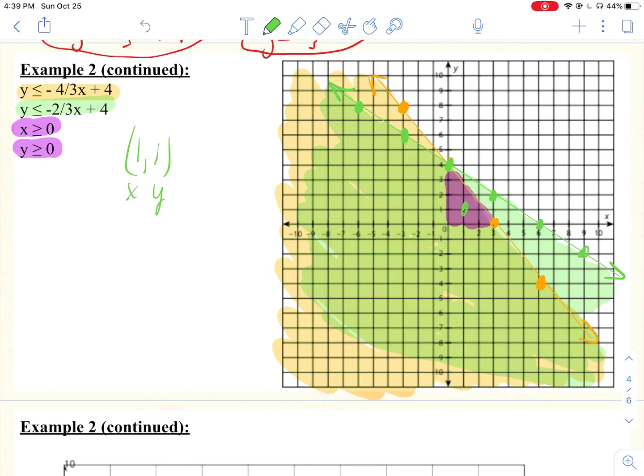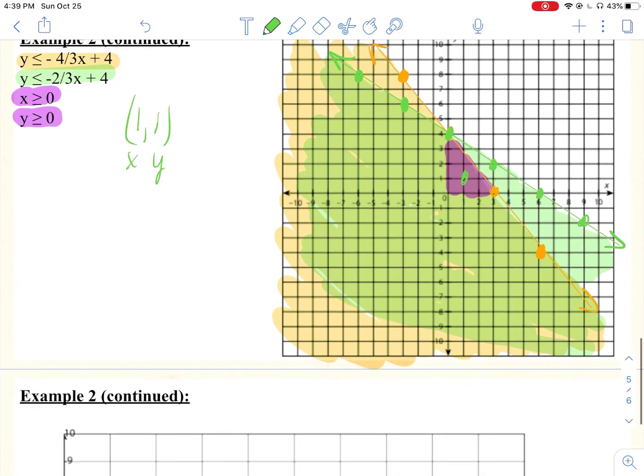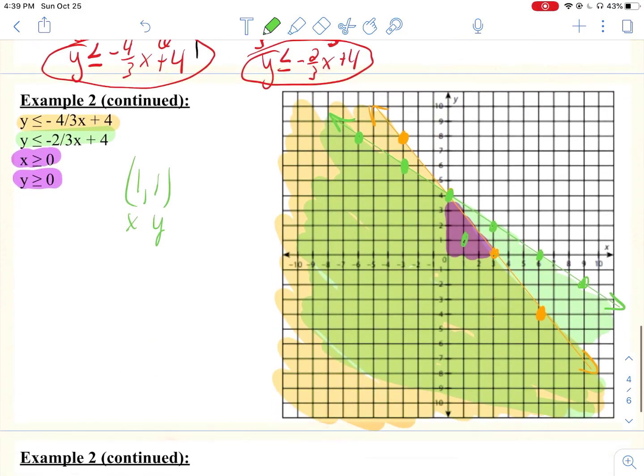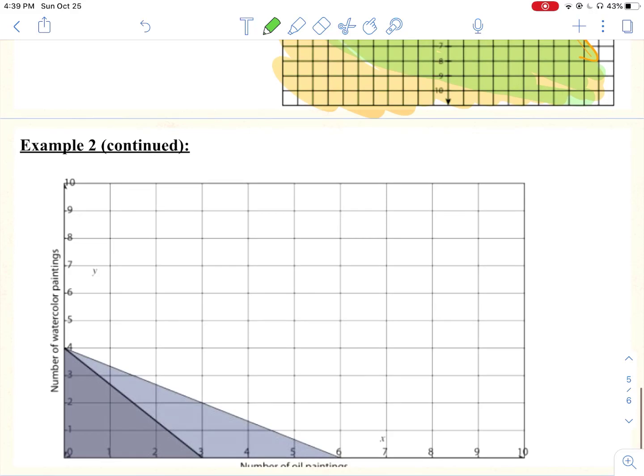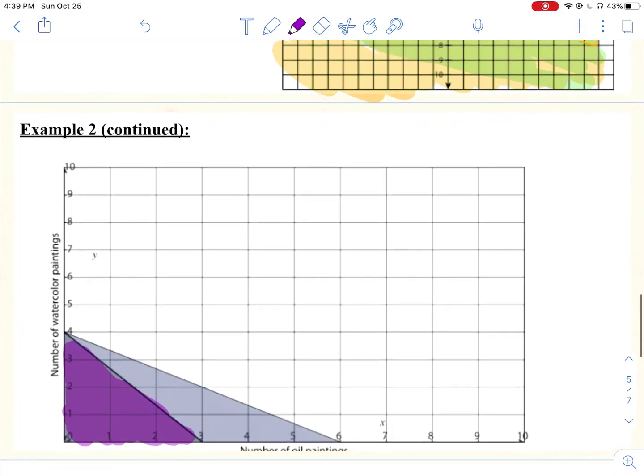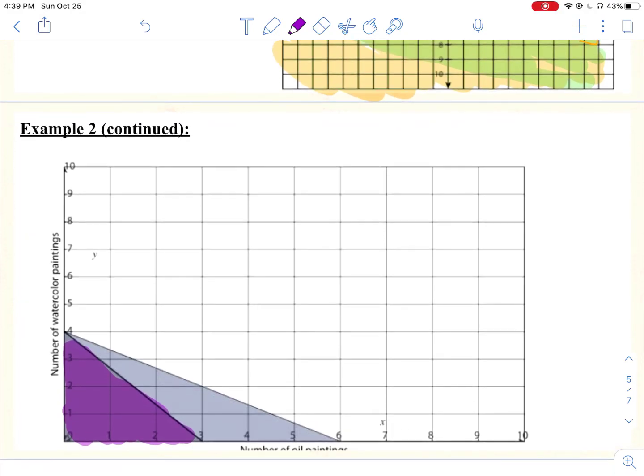If I scroll down here, I'm going to show you a zoomed in version of quadrant 1 to give you a better understanding of where our solution is, and it would just be right in this region here. All right, so technically we're just using the first quadrant of the graph where these two shadings intersect, which is what's highlighted in purple. And this should give you a better understanding of our solution here.